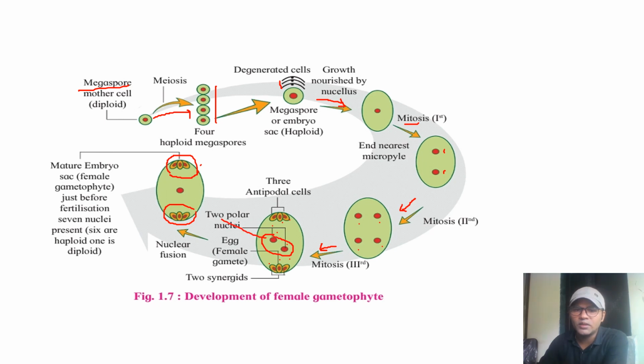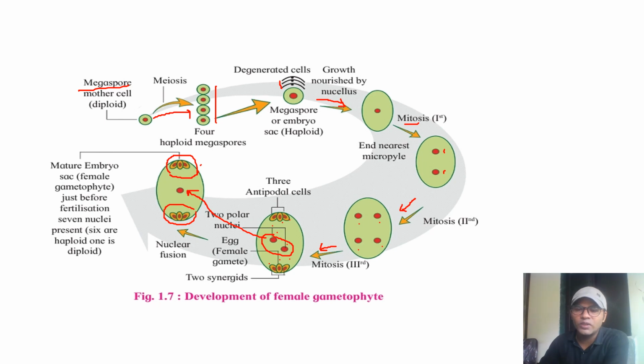And these two come at the center and form a single cell at the center, and thus the embryo sac shows the presence of 7 cells: 3 at chalazal, 3 at micropylar, and the 2 which are going to form a single cell.